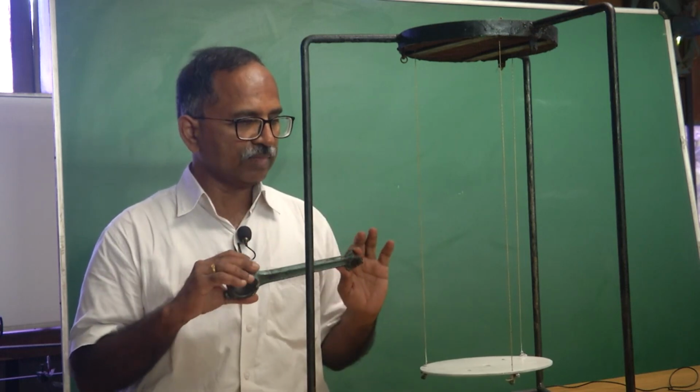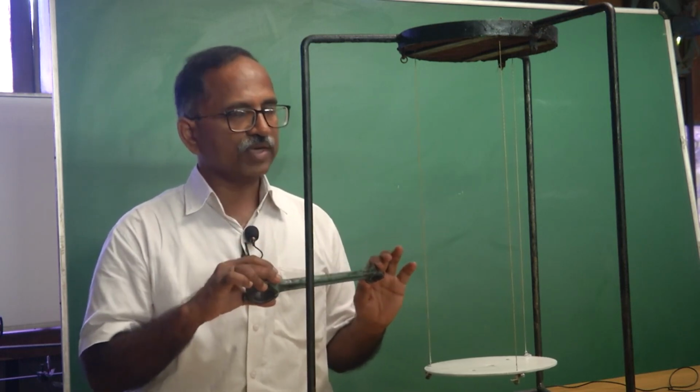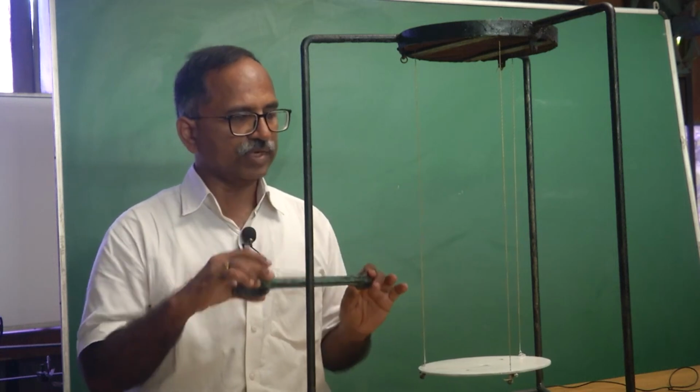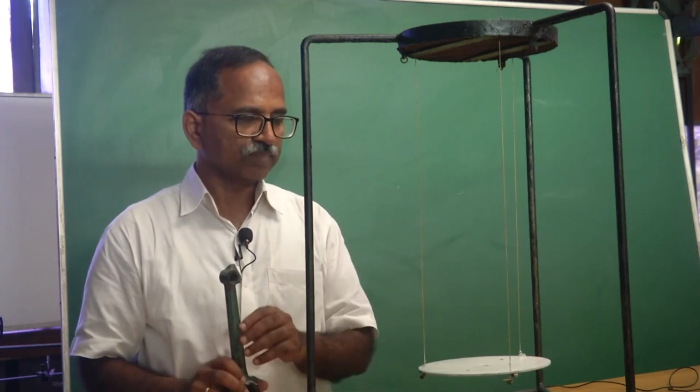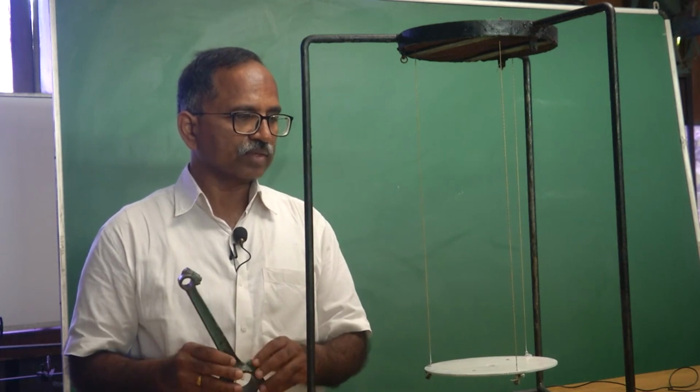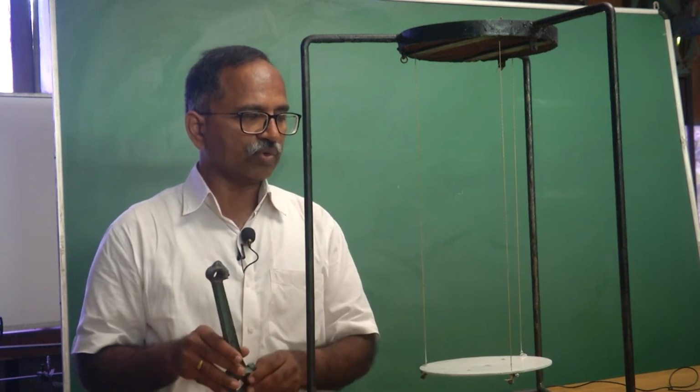So, by subtracting the mass moment of inertia obtained from the first reading from the second reading, I will basically get the mass moment of inertia of the object that I want to find.